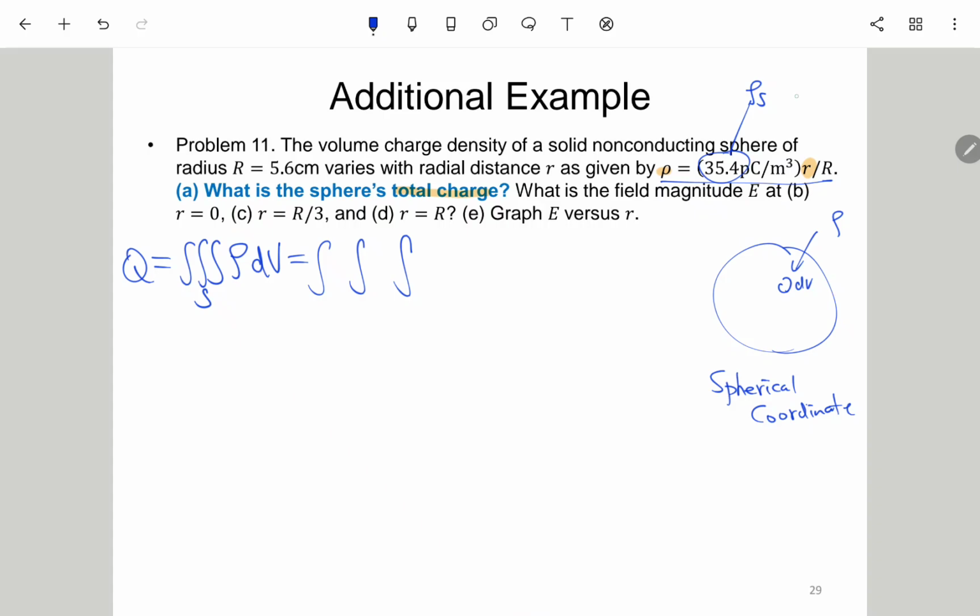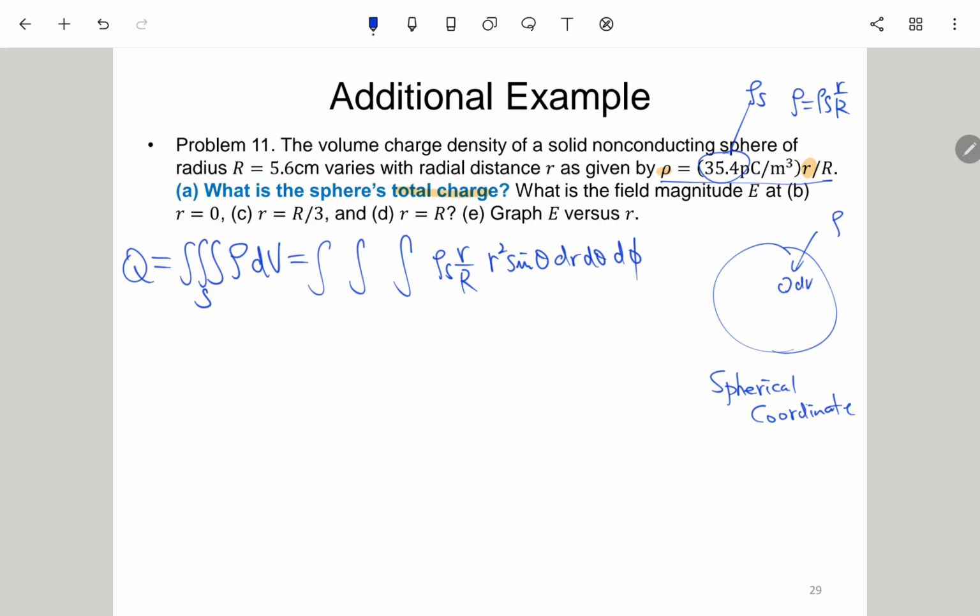So rho equals rho s times r over capital R. And then for the dV, in the spherical coordinate, it will look like r squared sine of theta dr d theta d phi.